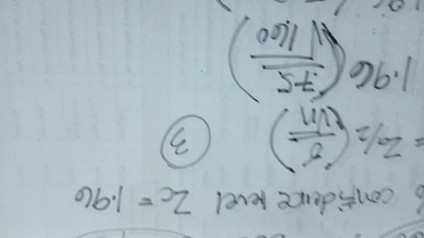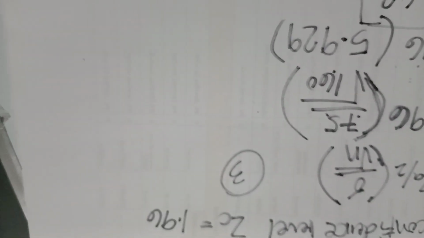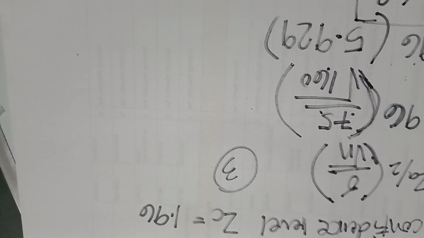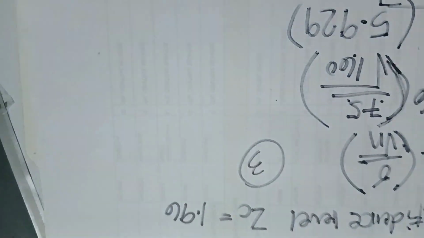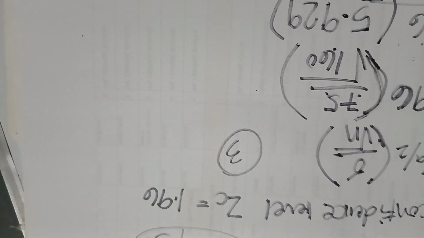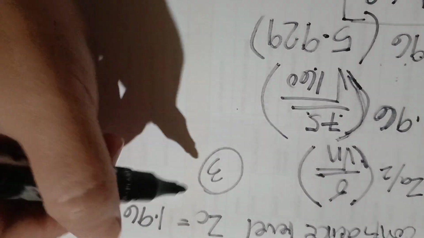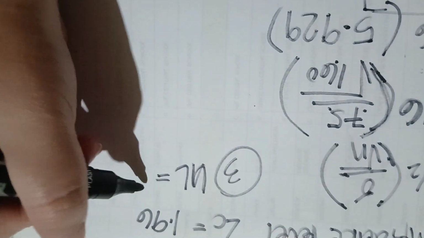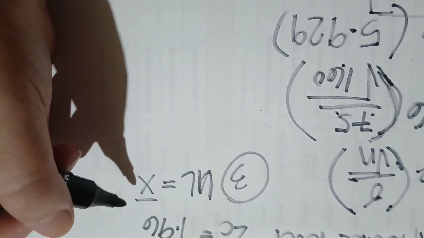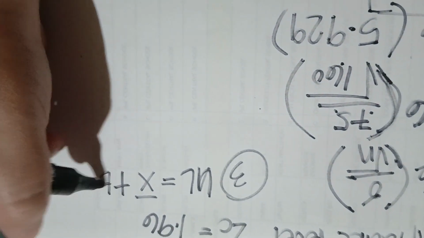So step 3. For step 3, we have to compute the upper limit and the lower limit. Upper limit: the sum of the sample mean and the margin of error.